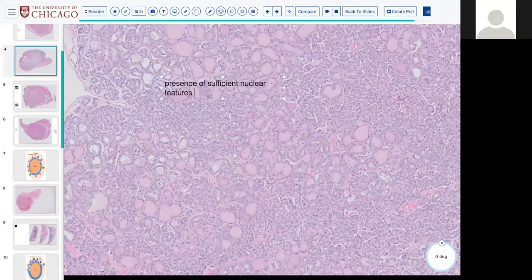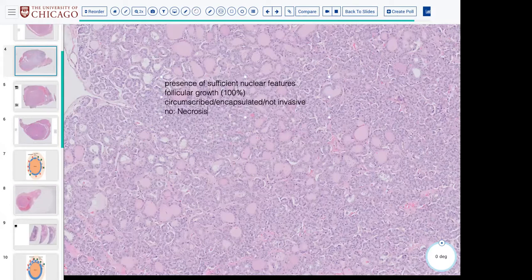Papillae less than 1%. Follicular pattern. Mm-hmm. Technically, the paper says 100% follicles. Being encapsulated. No necrosis, no invasion. What else? No mitoses. Papillae less than 1% or something.